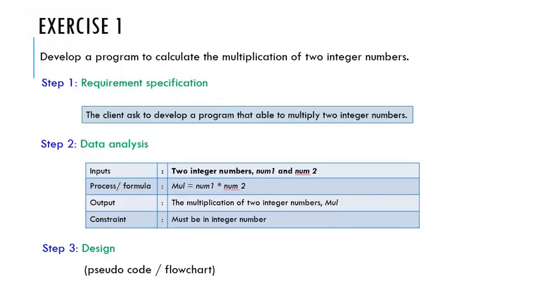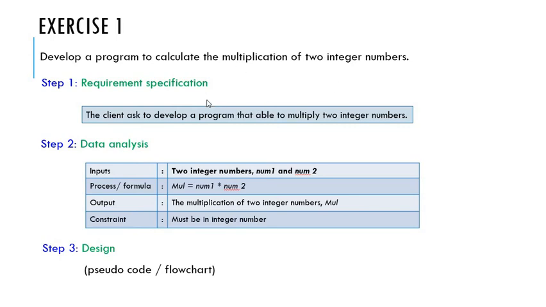So in order to understand more on SDM, we have 2 exercises here. The first exercise is a very simple example. Imagine that a client comes to you and asks you to develop a program to calculate the multiplication of 2 integer numbers.